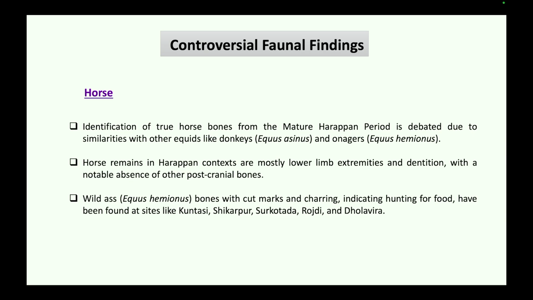They are very similar, they belong to one family. So the archaeologists always face this challenge. They need some specific bone to confirm that this bone is basically related to this cattle or this horse. Same thing is happening with the identification of goat and sheep. They belong to the same family, and the archaeologists need a specific bone to study for their identification.